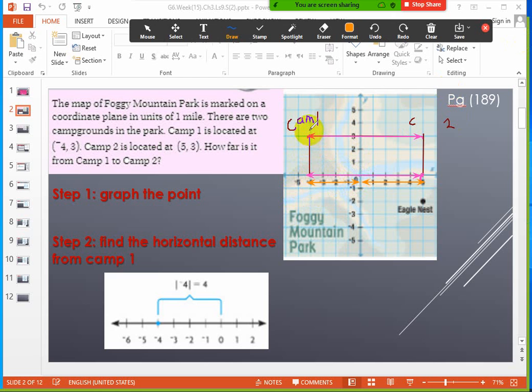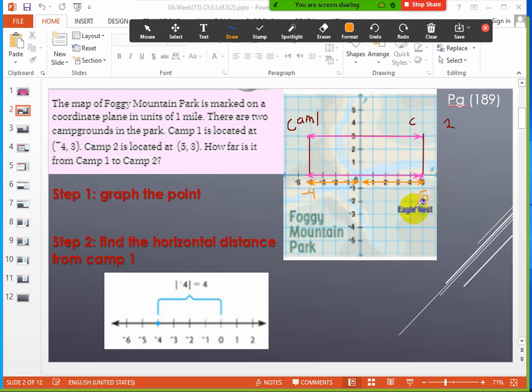So to know the distance between point 1 and point 2, I have to add the x coordinates of both. The x for this point is -4, and for this point is 5.